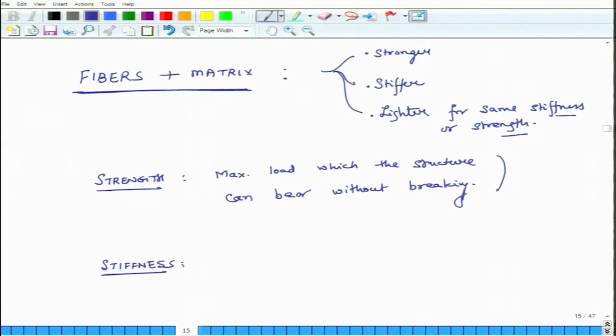is somewhat different. But before we go to stiffness, this strength is related to material strength. So, what would be material strength? For regular isotropic materials such as steel or plastics, it could be the ultimate tensile strength, or the yield point, or the shear strength, or the bending strength of the material, right.